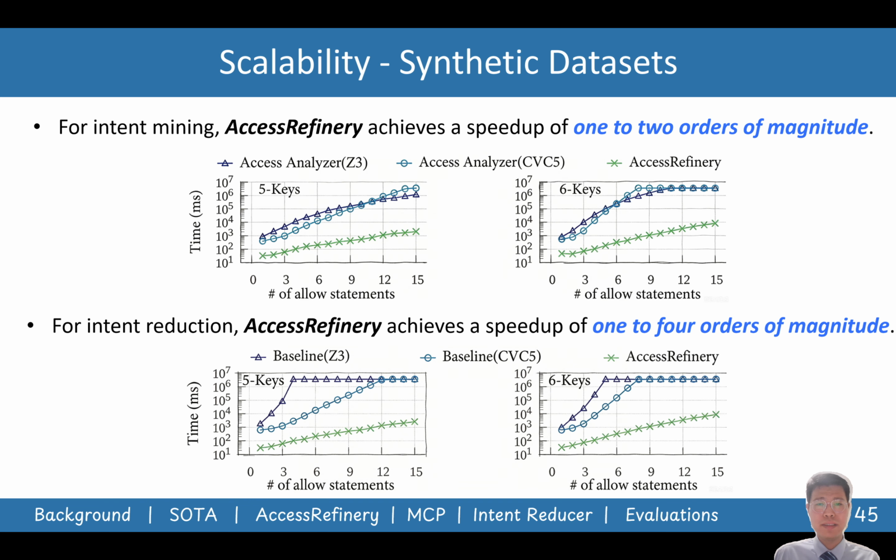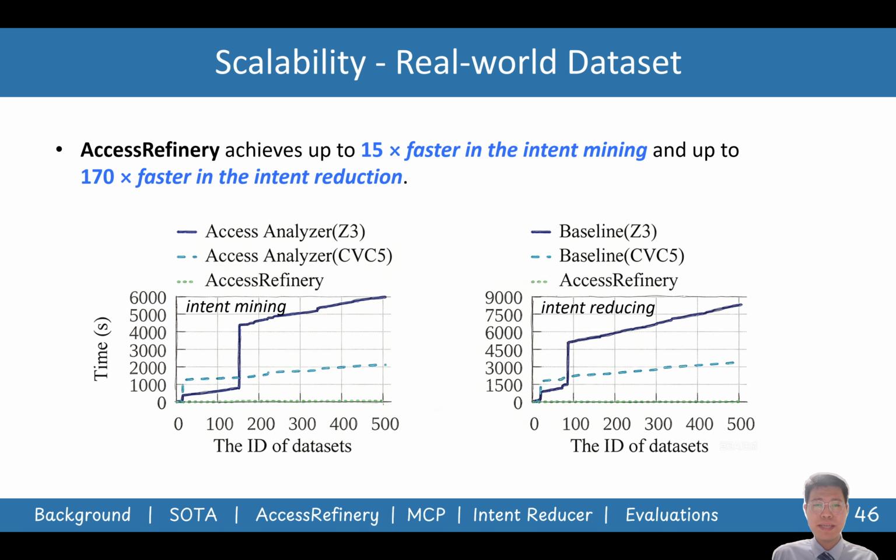The reason that intent reducer achieves a better speed up than intent mining is that intent reduction requires more rounds of SMT solving. On real-world datasets, AccessRefinery achieves up to 15 times speed up in intent mining and up to 170 times speed up in intent reduction.